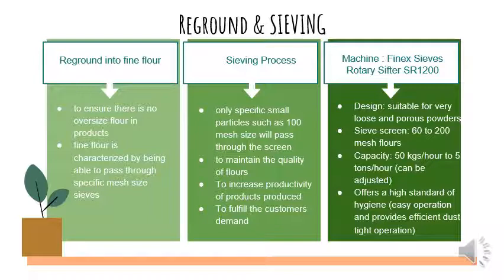The capacity of this machine is quite large, where it can sieve around 50 kg per hour to 5 tons per hour, and it can be adjusted. This machine offers high standards of hygiene since it can operate the product easily and provides efficient dust-tight operation. Next.